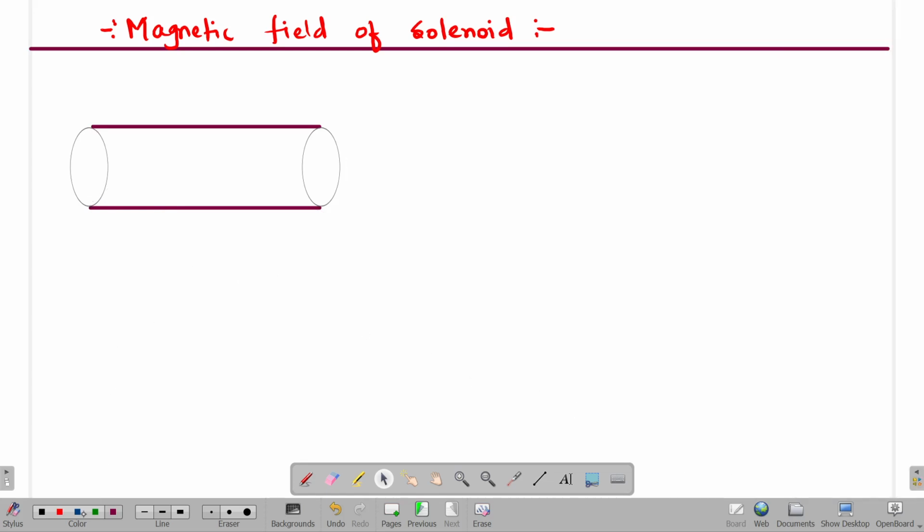Now there is a winding on top of it, everywhere on each segment. I'll draw it. Give me 1 minute. Okay, so see how the winding is done.